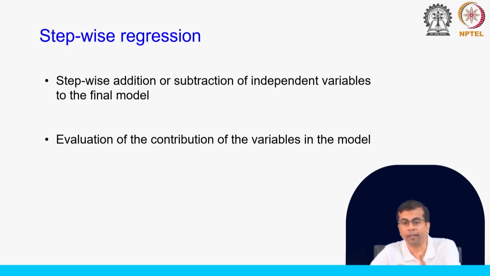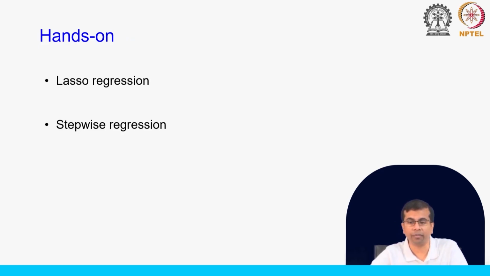So, this is what we are going to see in this class. We will start with the lasso regression hands-on first and then we will go into the stepwise regression hands-on. Let us now move on to our console and do these steps, identify these key features and see how we can improve the predictive model.